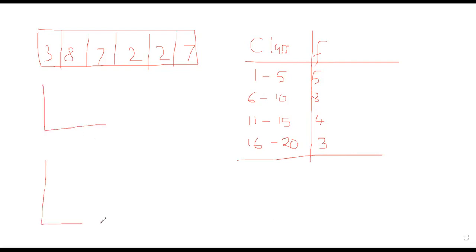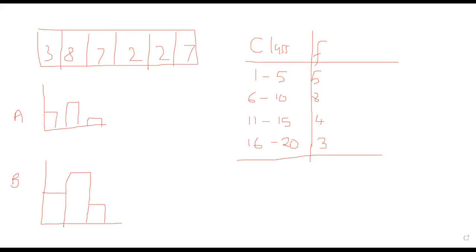There are two pictures here that I want you to name, A and B. A is as follows, and B is as follows. Kindly tell me which one is a bar chart and which one is a histogram, A and B?